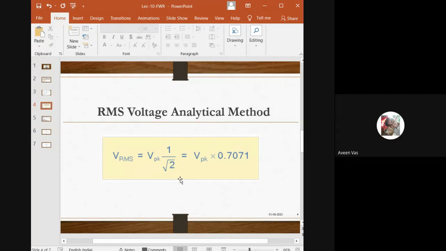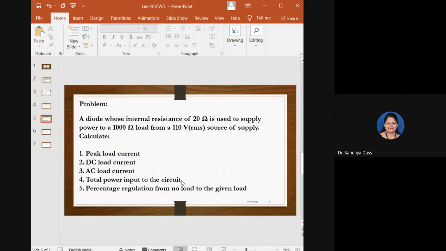Thank you, ma'am. Okay, so this is your question. A diode whose internal resistance is 20 ohms is used to supply power to a 1000 ohms load from a 110 volt source of supply.